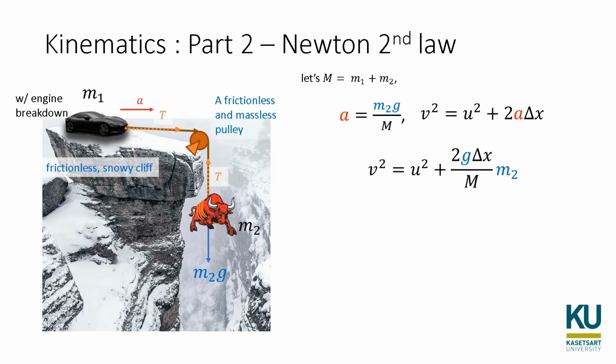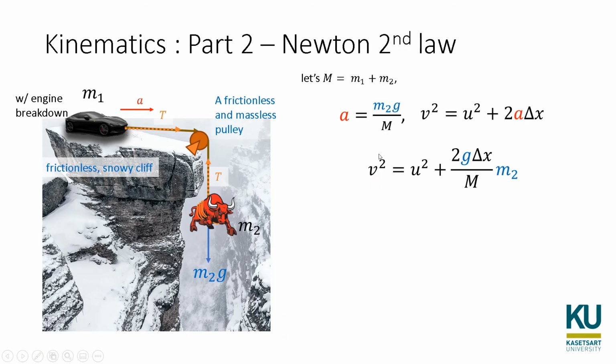From this relation, you will apply the equation of motion, the one that you already used. If you substitute this acceleration in, you will find the relation between the terminal velocity of this car and the mass that you're using for dragging this car down.